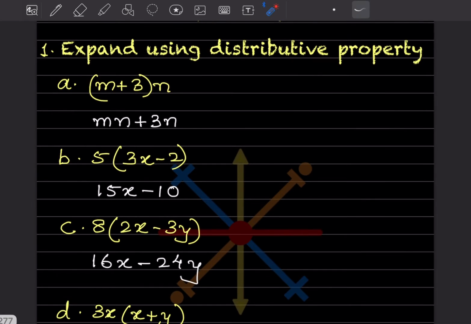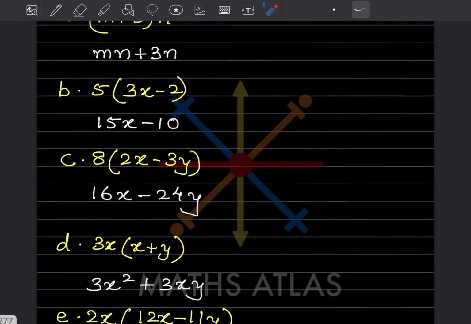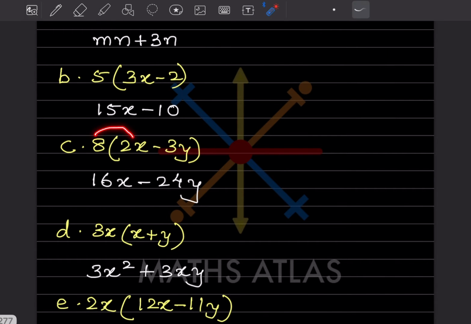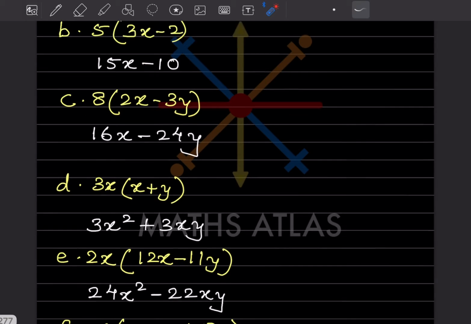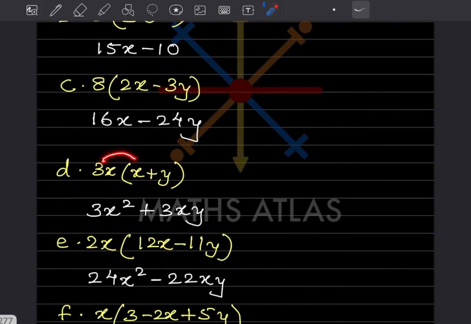Now we'll see the next one, that is going to be 15x minus, because this is minus here, that will be 5y. This should be 16x, this will be minus 24y. This will be 3x square plus 3xy, because 3x into x, that will be 3x square.